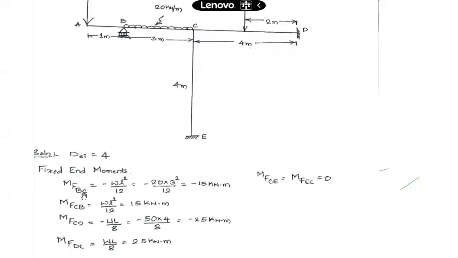So MFBC comes out to be minus WL square by 12. On substituting the values, what is the span here? 3 meters. W, the intensity of load, is 20 kilonewton per meter. So that has been substituted, and the value of MFBC is minus 15 kilonewton meter. That is the value you come across for MFBC.